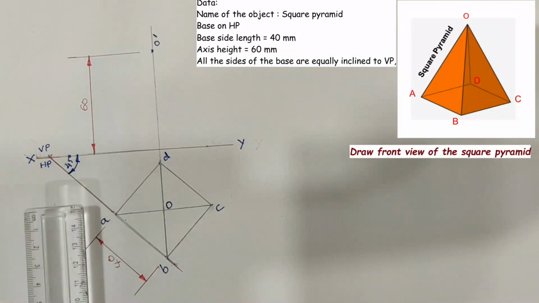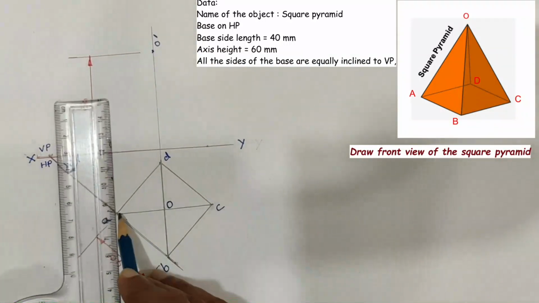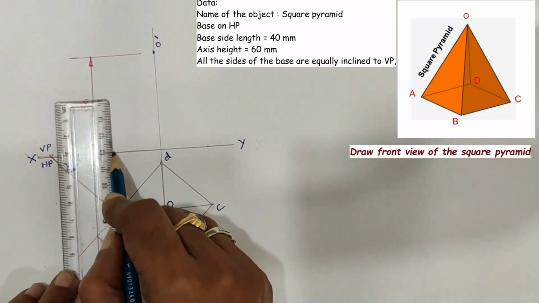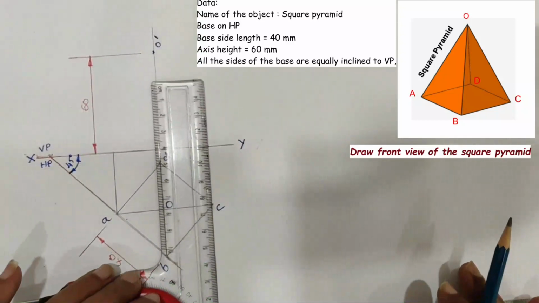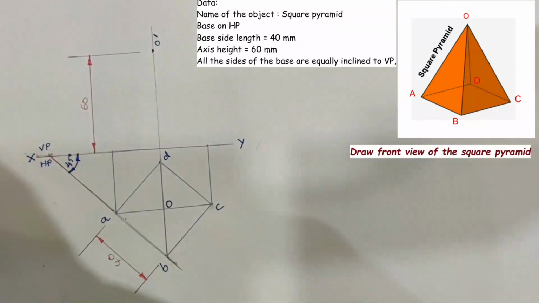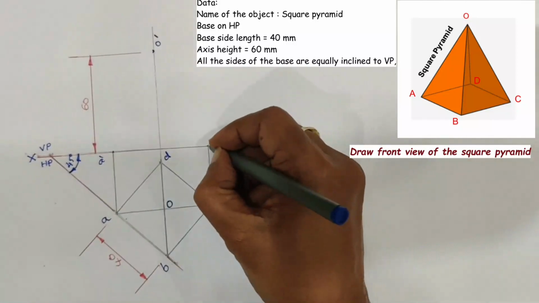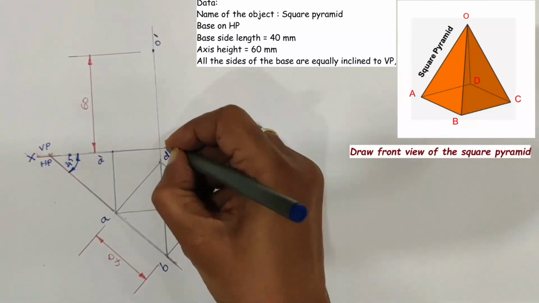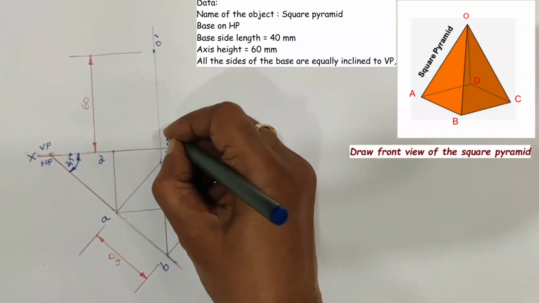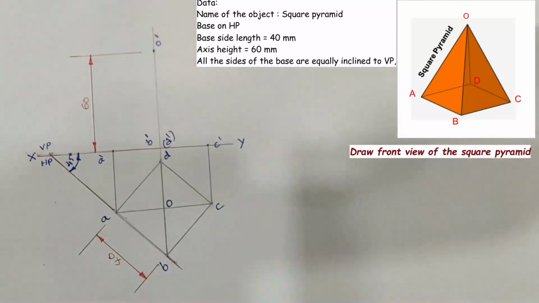Then draw projectors through A as well as C onto the XY line, and name these points as A dash, C dash, D dash and B dash.